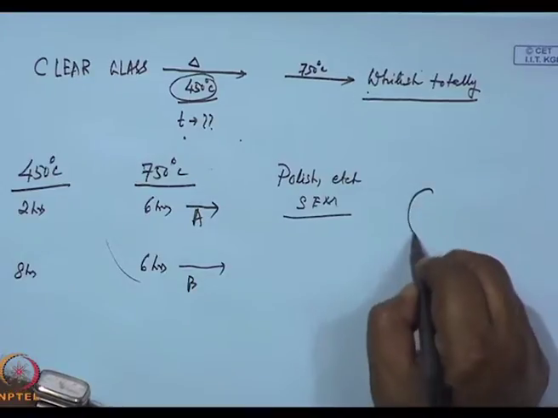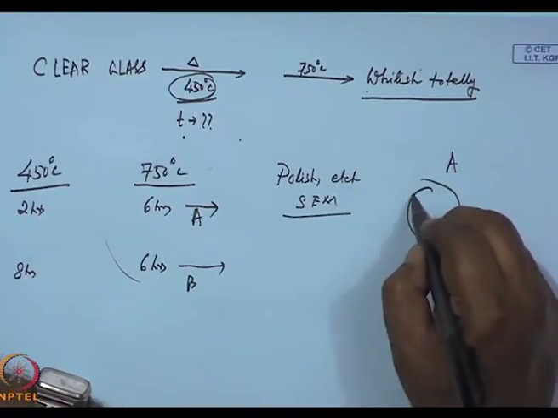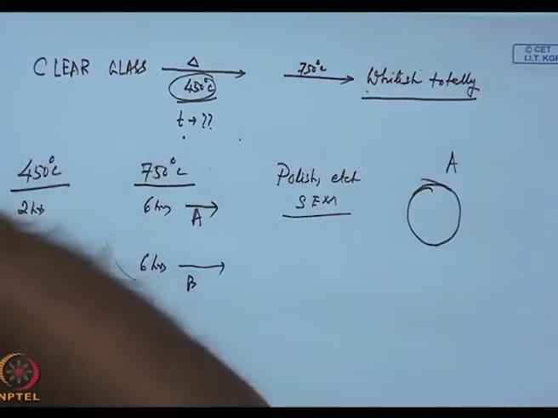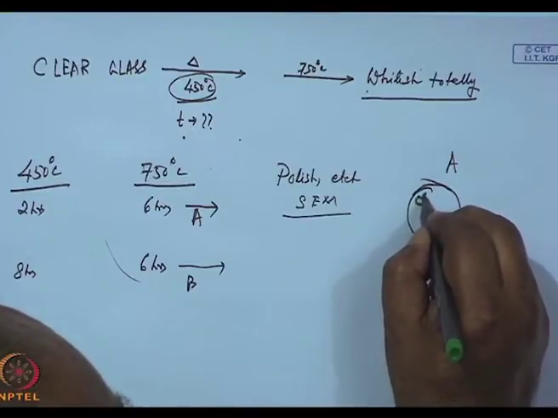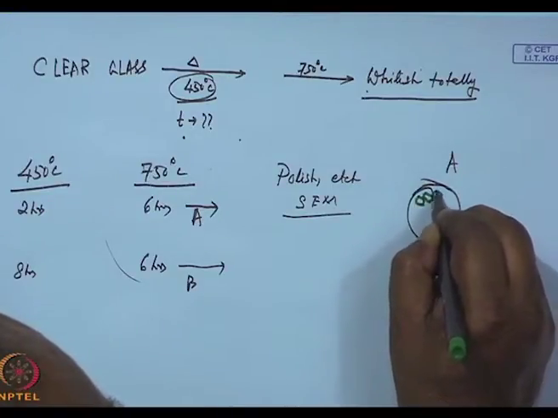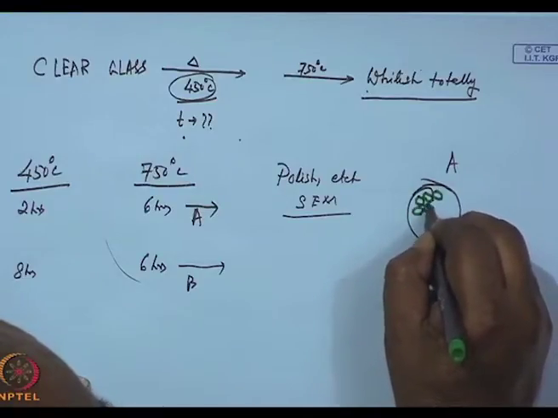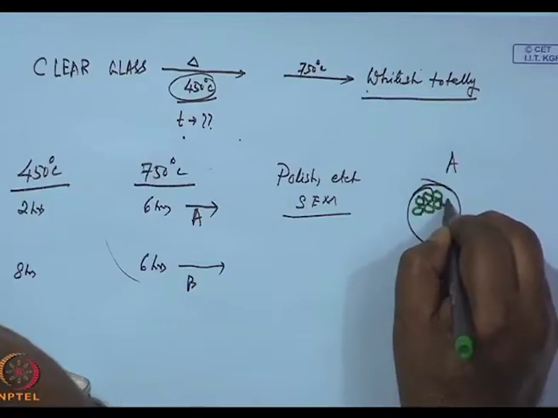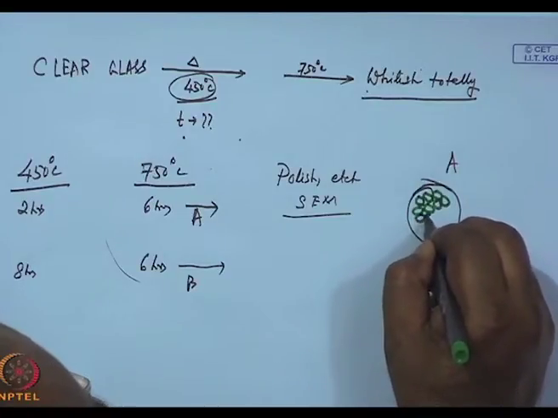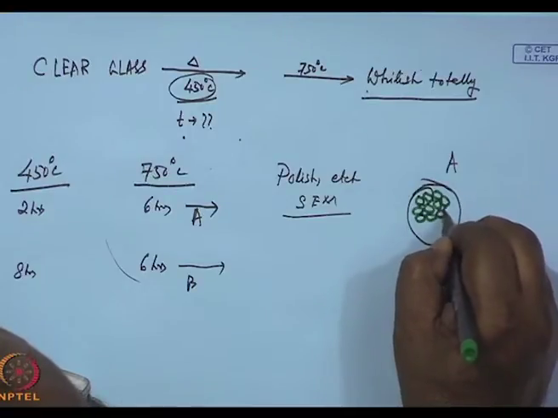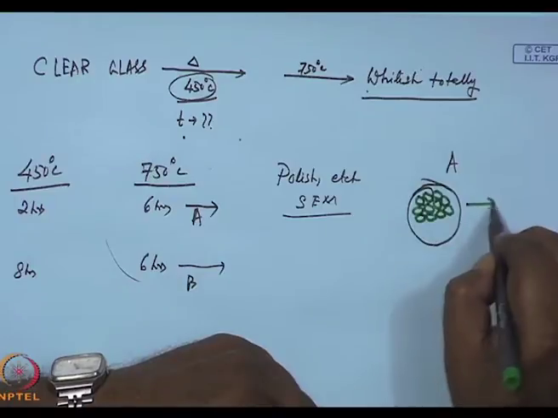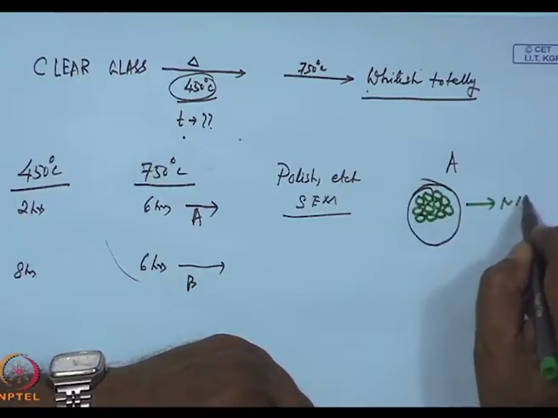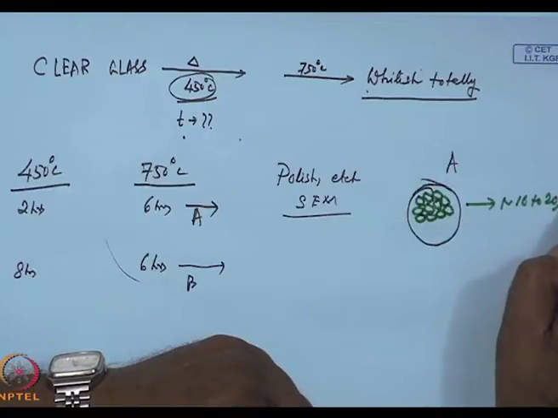In this particular case, A, what I will see is very small tiny crystals whose dimensions may be about 10 to 20 micrometers.